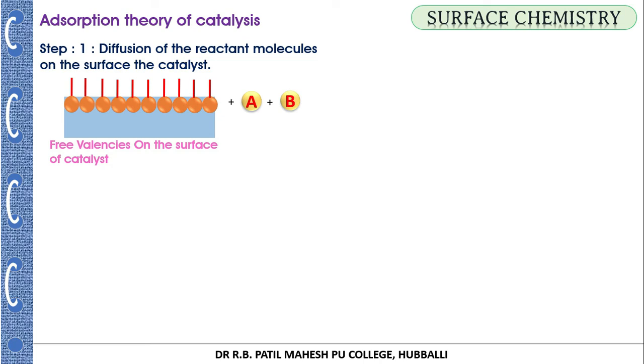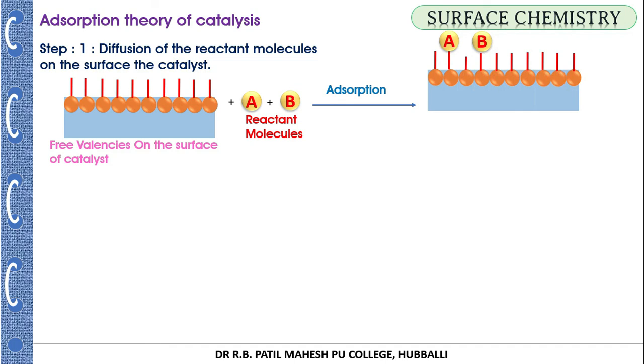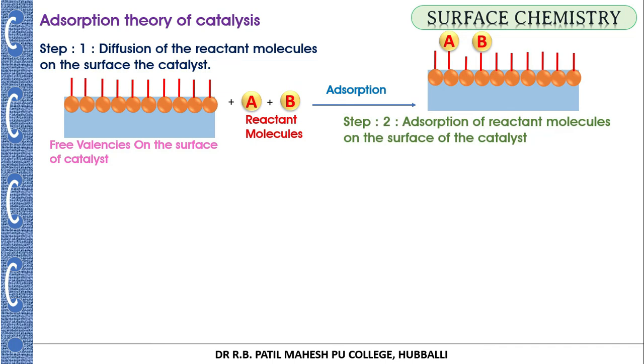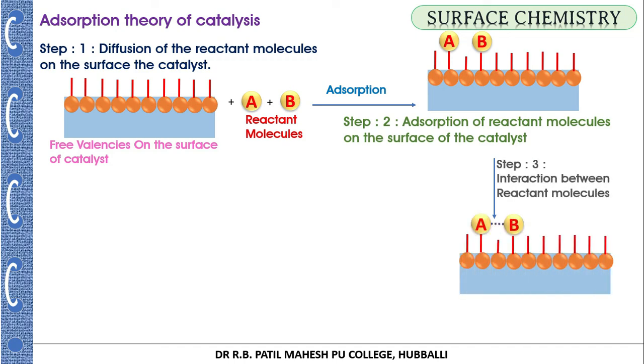So these two are the reactant molecules, they get diffused on the surface of the catalyst by adsorption. Now in the next step there will be interaction between the reactant molecules. Once these molecules are adsorbed, they undergo interaction on the surface of the catalyst. So here you can see interaction between the reactant molecules on the surface.